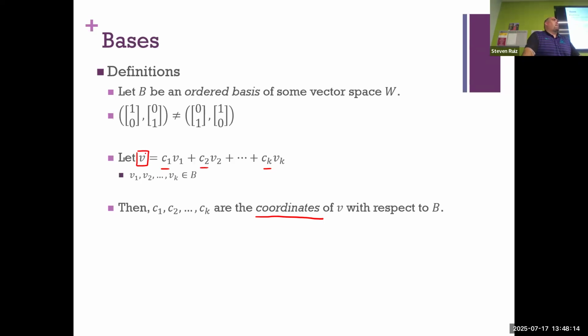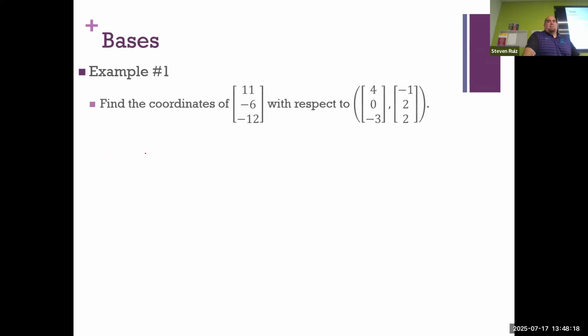Shall we? So I have a 3-dimensional vector, 11, -6, -12, and I have an ordered basis of something. I don't know what subspace this is the basis of, but I'm telling you that 11, -6, -12 is in this span.